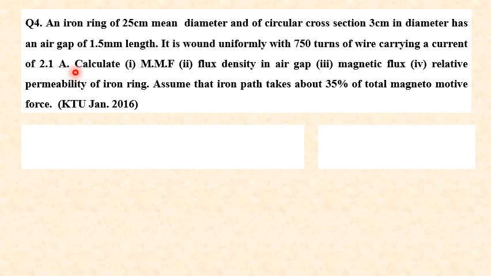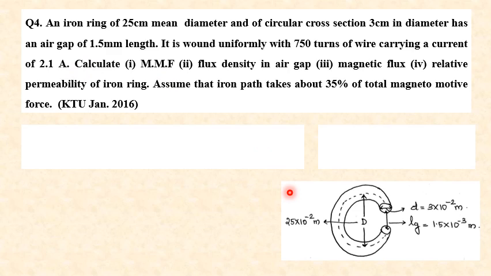So we can draw the circuit like this. A circular ring, mean diameter 25 into 10 raised to minus 2 meters. Then diameter of the cross section, that is 3 into 10 raised to minus 2 meter. Air gap length, that is equal to 1.5 into 10 raised to minus 3 meter.